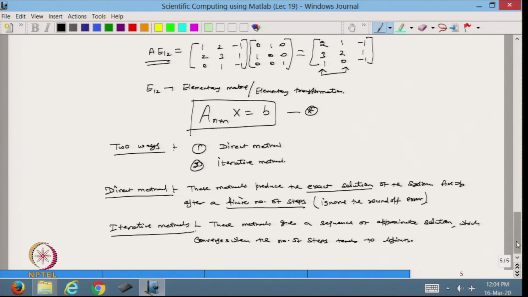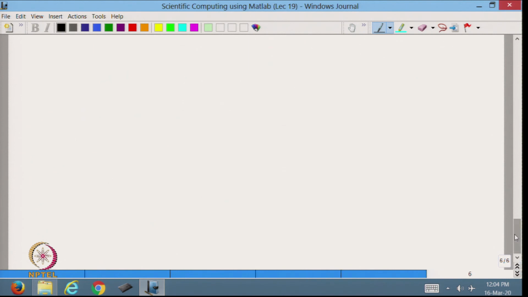So, in the iterative methods we have a sequence of approximate solutions, and at every iteration the approximate solution becomes more accurate, and only when the number of steps tends to infinity will you get the exact solution. So, that is called the iterative methods.